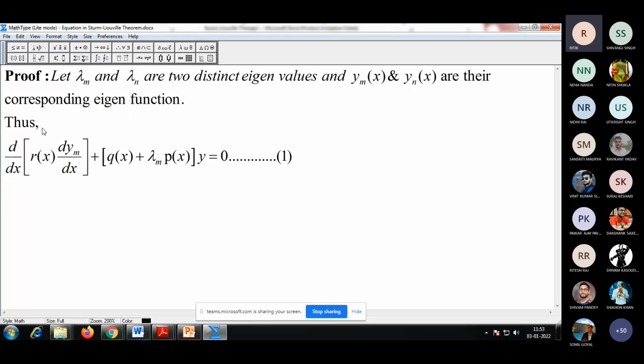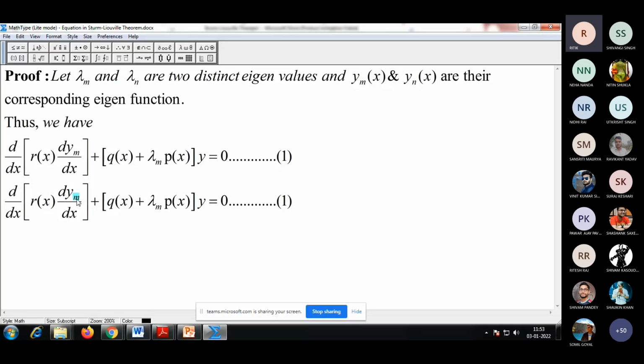Thus we have this equation for lambda m, and for the second equation we replace m by n. Now our aim is to find the integral of the product p(x) ym(x) yn(x).